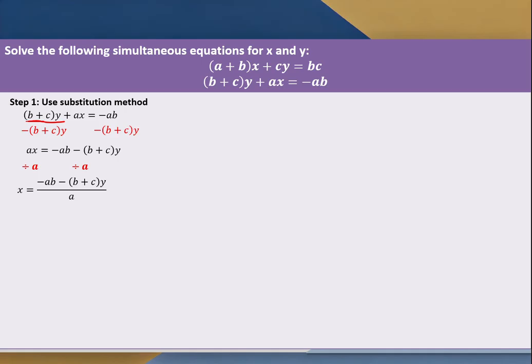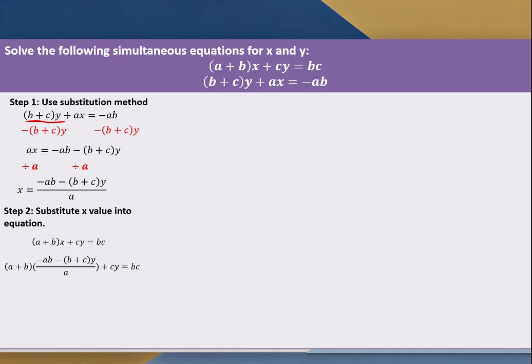The next step that I'm going to do is, like we did before, grab this and substitute this value into my other equation. So I've got my other equation here, a plus b in brackets times x plus cy equals bc. So wherever I see an x, I'm going to place this.